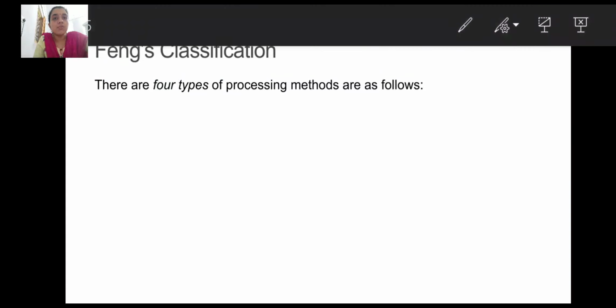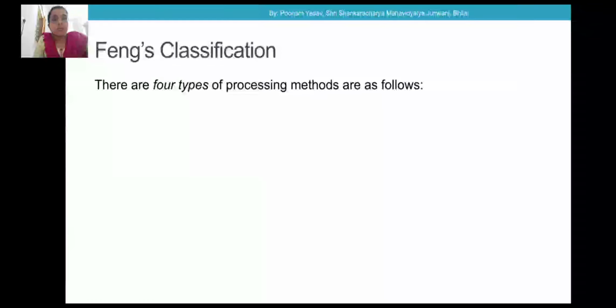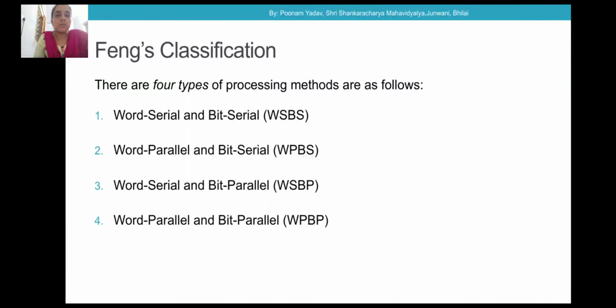So here are the 4 types of classification: word serial, bit serial (WS, BS); word parallel, bit serial (WP, BS); then word serial, bit parallel (WS, BP); then word parallel, bit parallel (WP, BP).